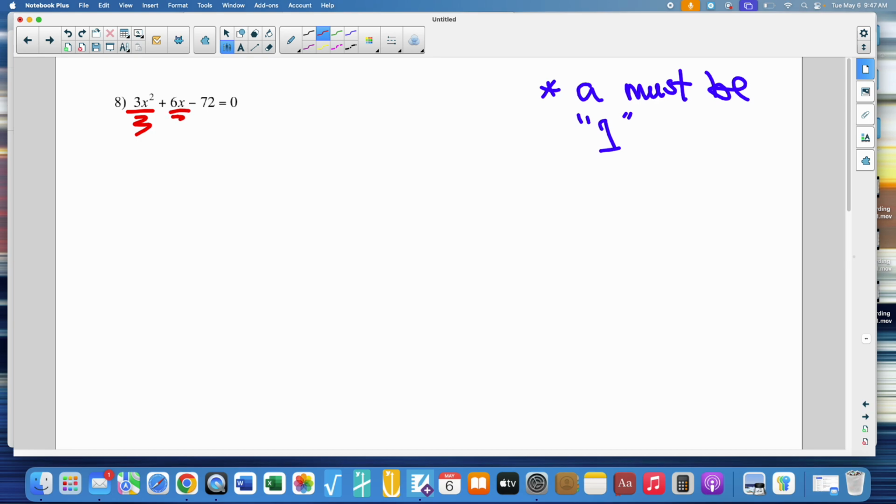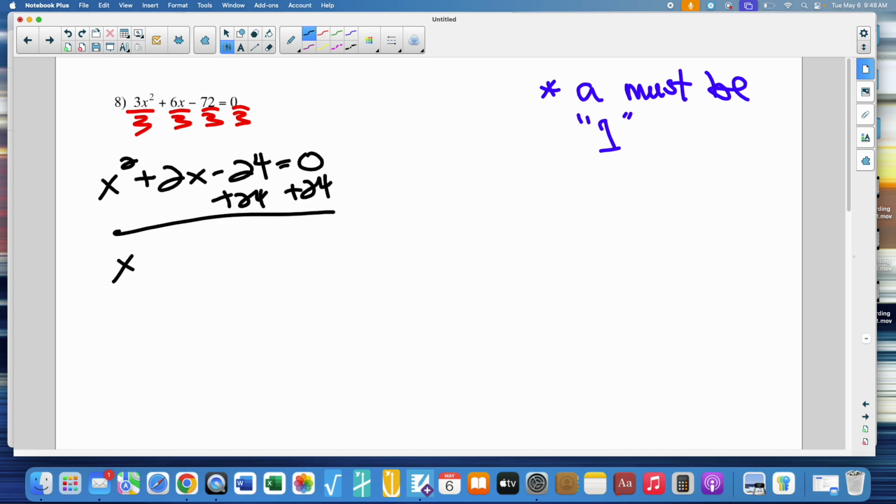That a is 3 at the moment, so I'm going to divide everything by 3. That'll give me x squared plus 2x minus 24 equals 0. We'll move that 24 over. X squared plus 2x equals 24.